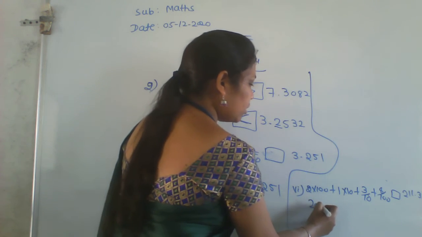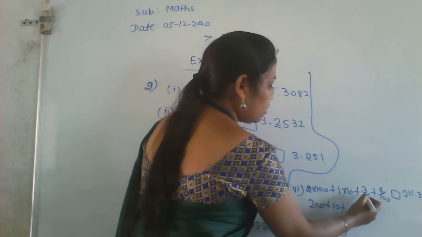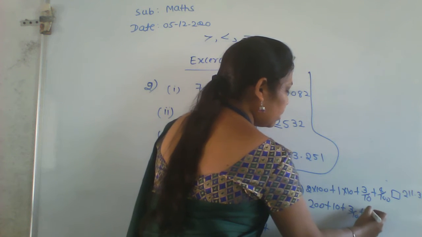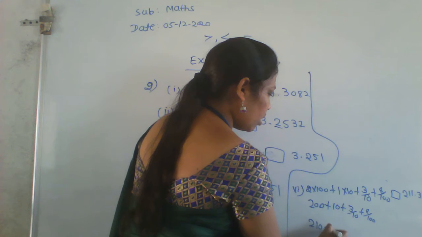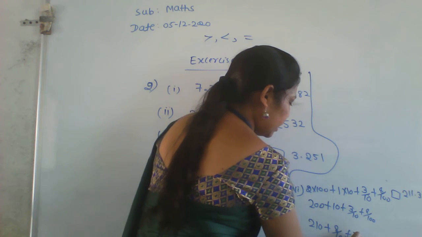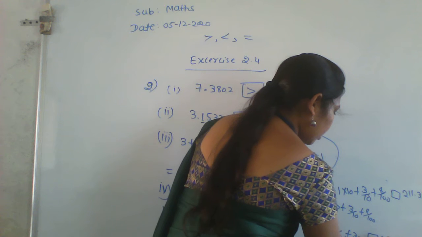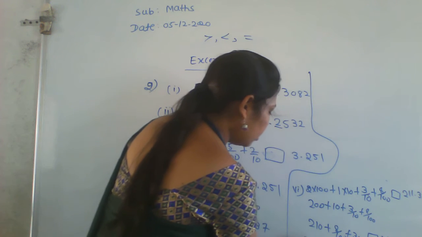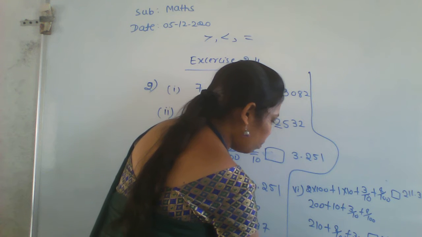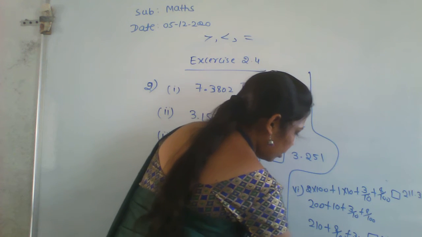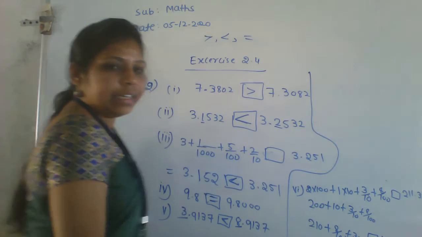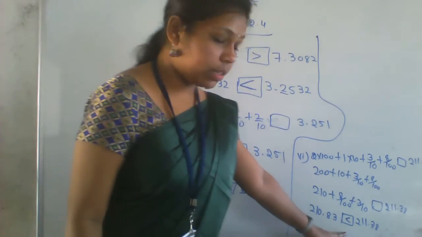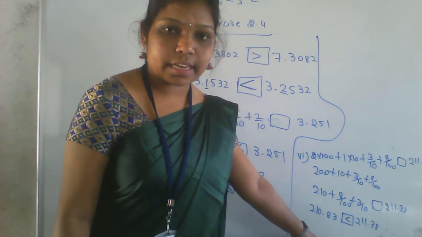Here 200 is 1 into 10 times plus 3 by 10 plus 8 by 100. So this is 210 plus 8 by 100 plus 3 by 10, and here 211.38 means 210.83 and 211.38. Which one is greater? 211.38 is the greater, right? So use a less than symbol here. That is the correct answer.